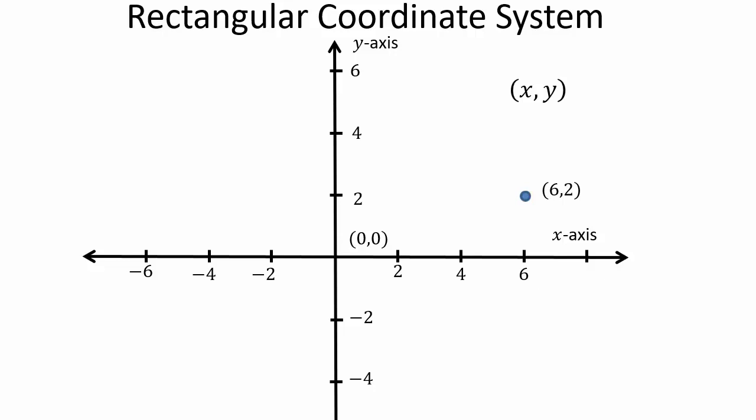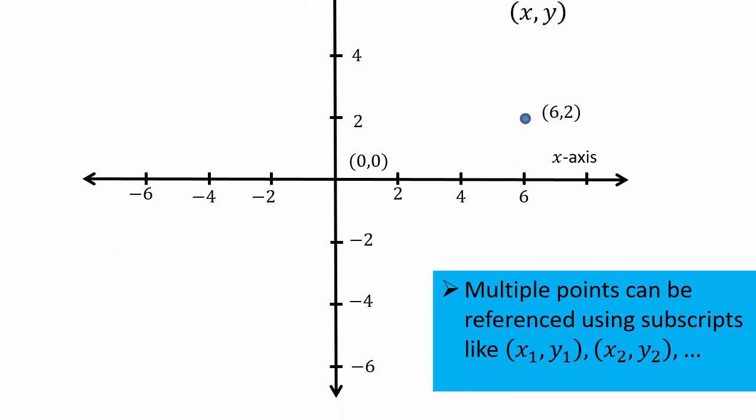The right-hand side of the horizontal number line is positive, the left side is negative, up on the y-axis is positive, and down is negative. All right, so multiple points. If I want multiple points, I can't just use x, y for both or more points, so I'll have to use subscripts.